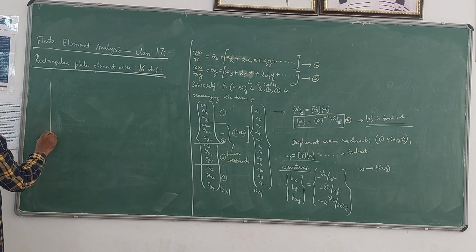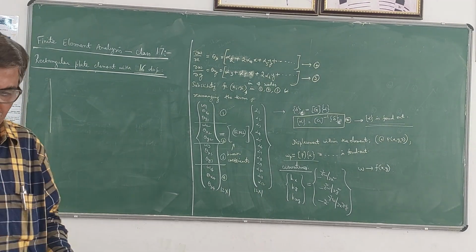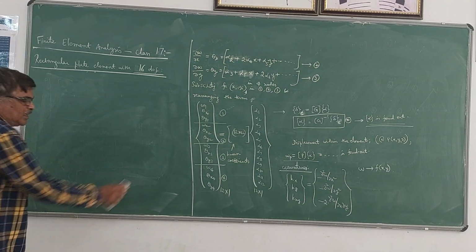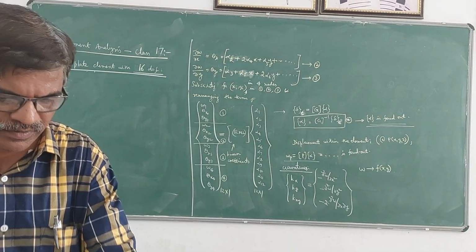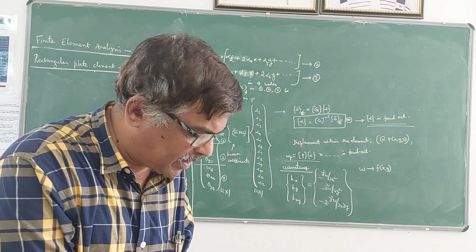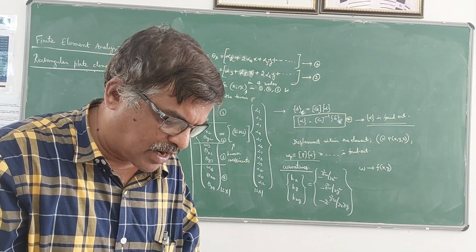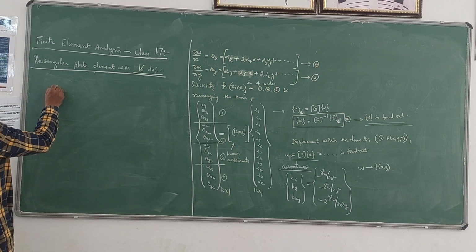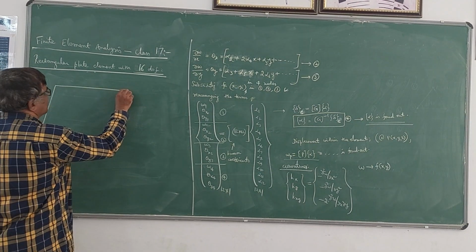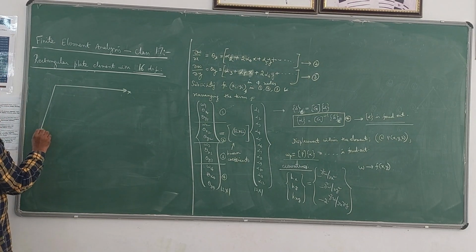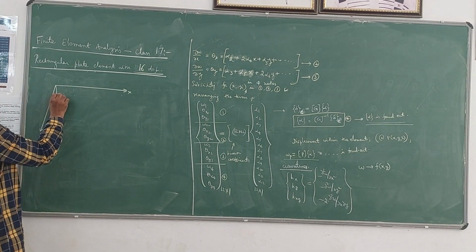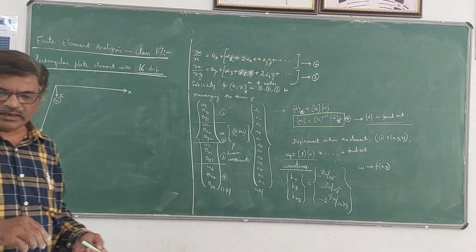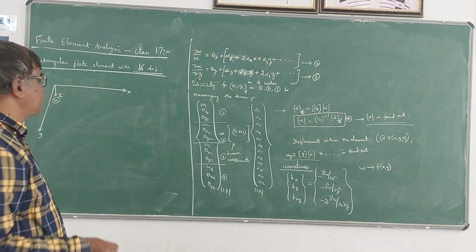Now in this case it will be something like this. I will just give the sketch. It is similar to the 12 degree of freedom element. Only difference is at each node you will be having 4 degrees of freedom. So this is x, this is y, this is z. Along this z direction, w is taken, that is the vertical deflection.